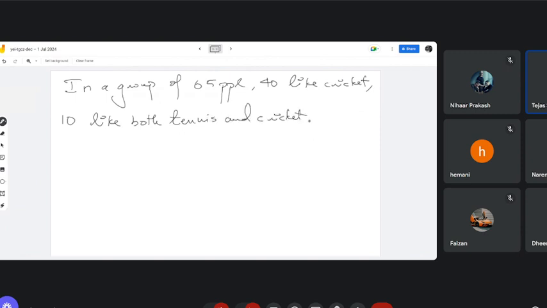This is the intersection. Remember that. How many like only tennis and not cricket?